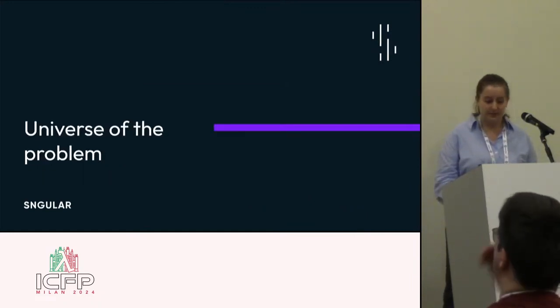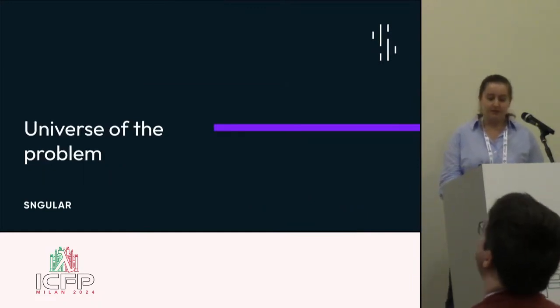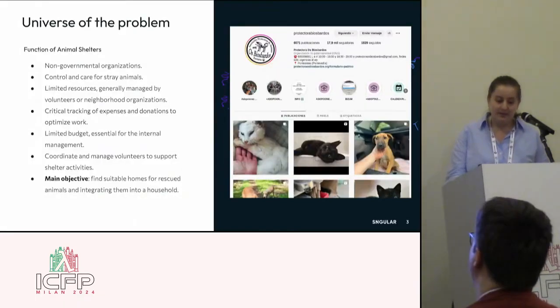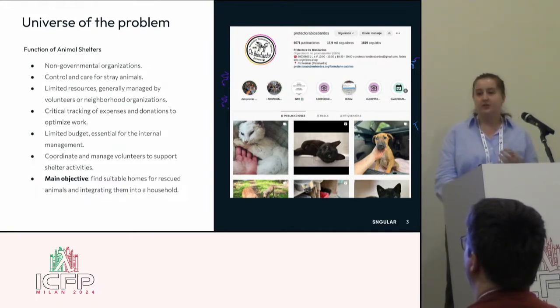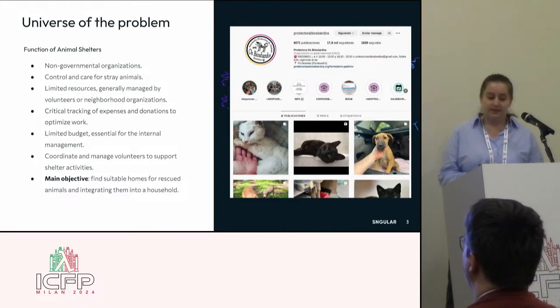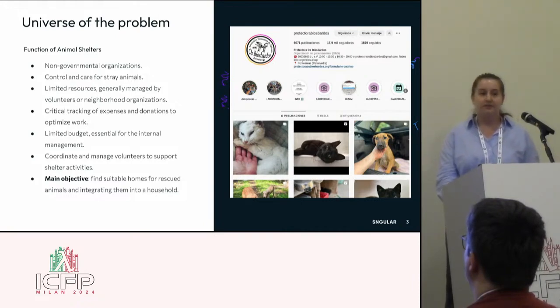First of all, I would like to introduce the universe of the problem. For people who don't know, animal shelters basically have the task of taking care of stray animals in a certain area. Usually they are local, in really small cities or villages, and the funds that they have are really limited, and in Spain they usually have a lot of animals to take care of.